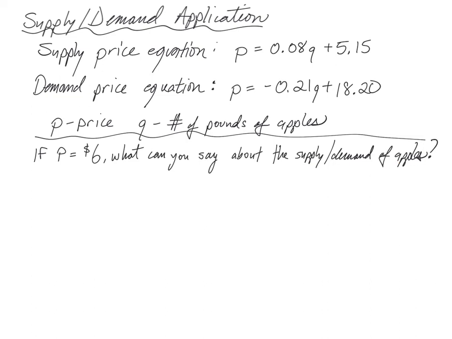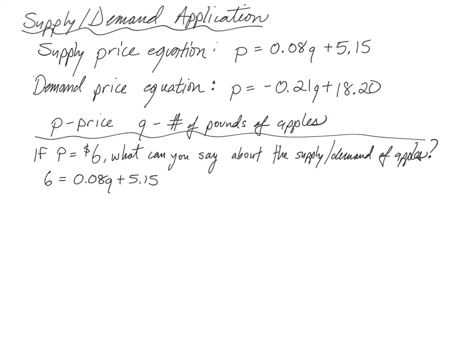And that's not too bad. What you do is you'll substitute P into both equations, and you'll figure out what the quantity is, the number of pounds of apples. Let's see here. So if the price is $6, I'm just going to do the top equation so you get a feel for how this works. 0.08Q plus 5.15.